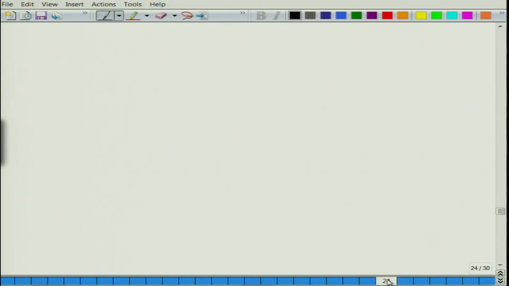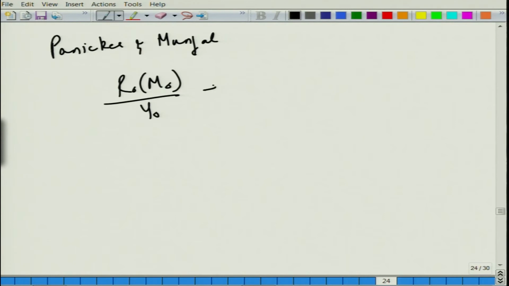Similarly, Panikkar and Munjal a long time back derived another empirical expression, which is given by the following relation. You have this thing.